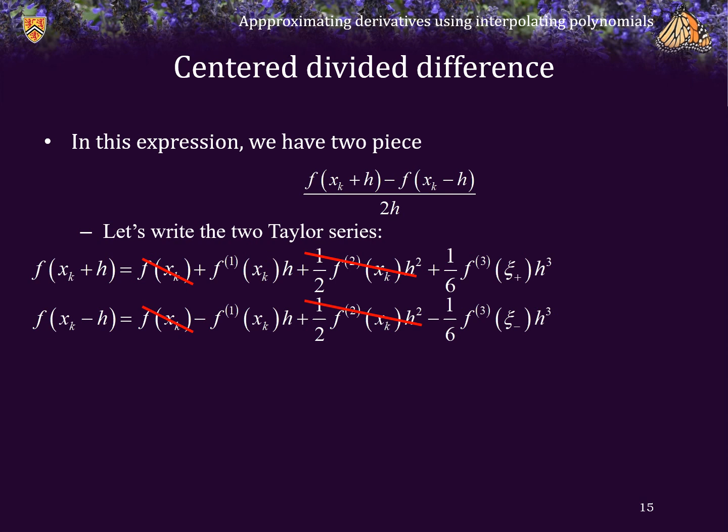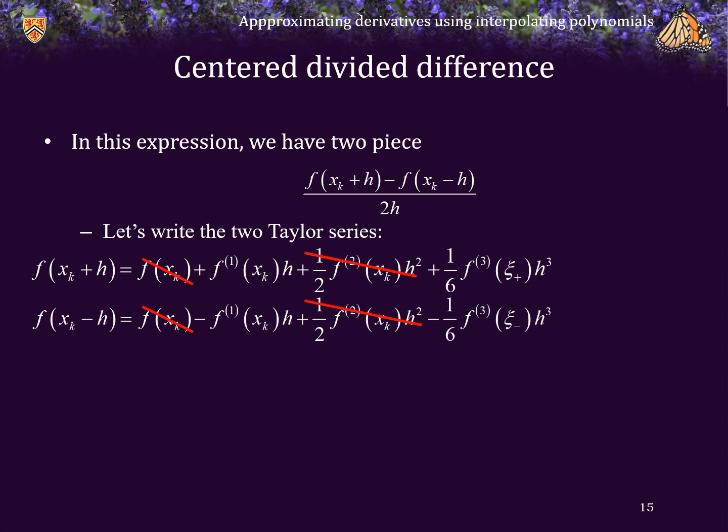All right, so what's left is, on the left-hand side, we have f at x sub k plus h minus f at x sub k minus h. On the right-hand side, we have that second term minus the negation of itself. So that's actually going to add. So that's twice the derivative times h.